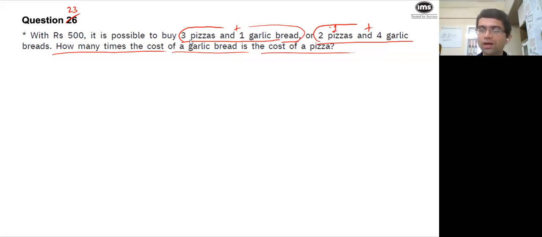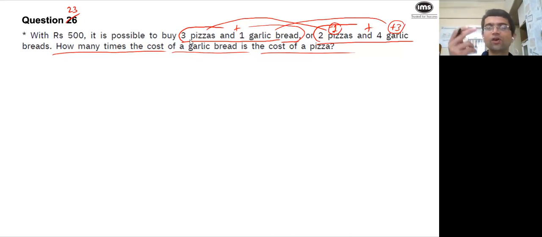As a result, how many garlic breads can I increase? 3. Correct? Now garlic bread, as a result, I could increase by 3. So can I say cost of 1 pizza is same as cost of 3 garlic breads?